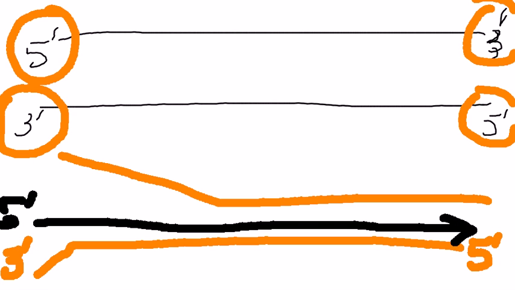So the 3' to 5' strand is going to get copied in a continuous manner. Now the 5' to 3' strand is going to get transcribed in pieces.